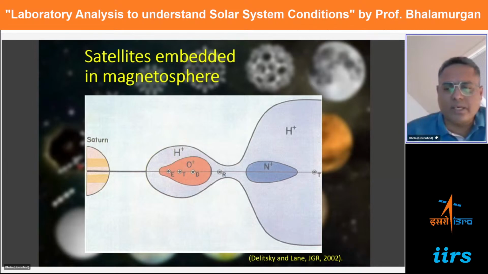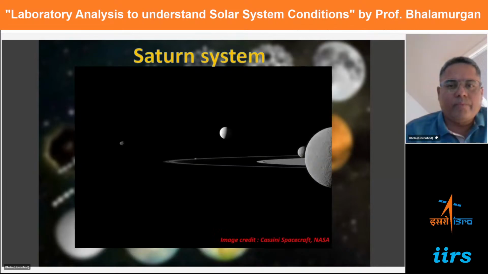You see that it is very diverse. This is not a Photoshop image. It's a real image of the Saturnian system taken by the Cassini spacecraft. On the right here is Rhea, one of the moons of Saturn, and behind it is where Saturn lies, and these are the other moons and the Saturnian rings.